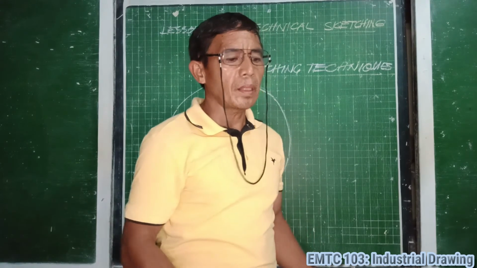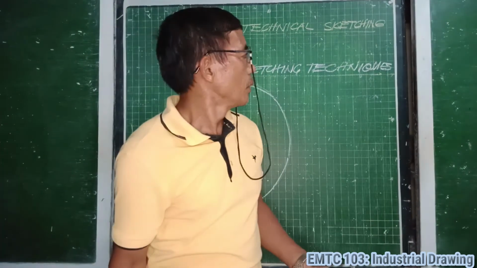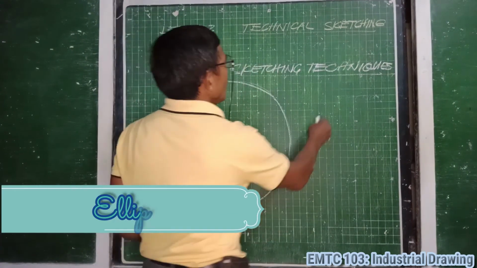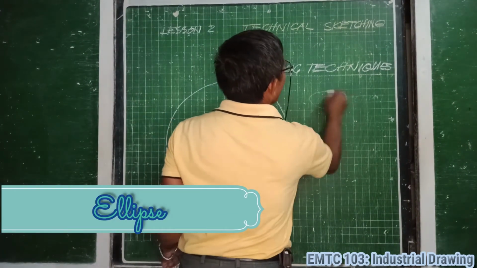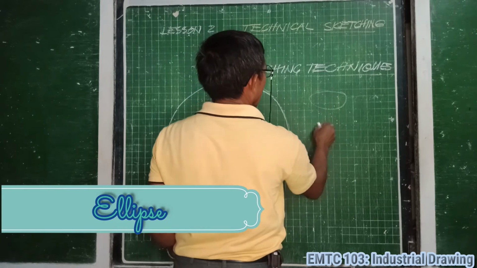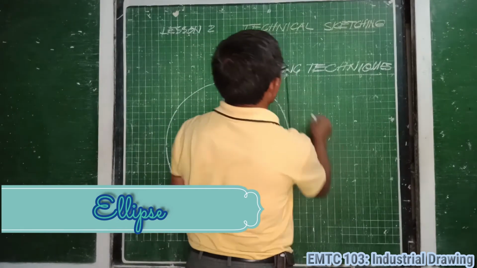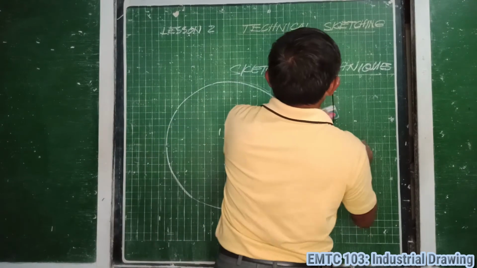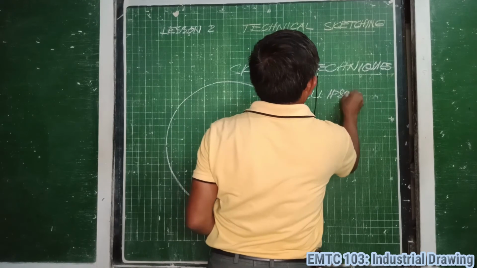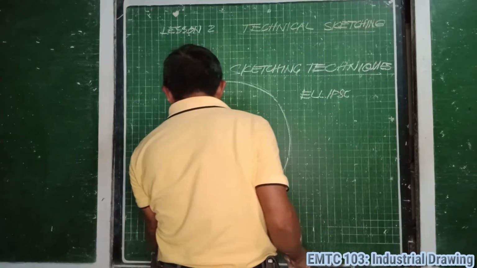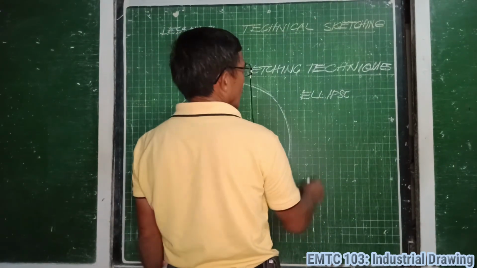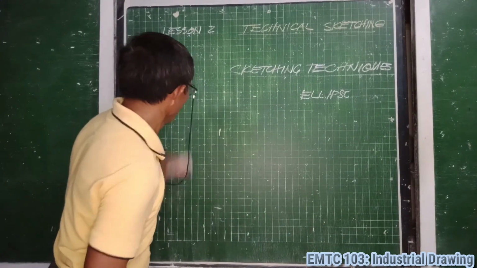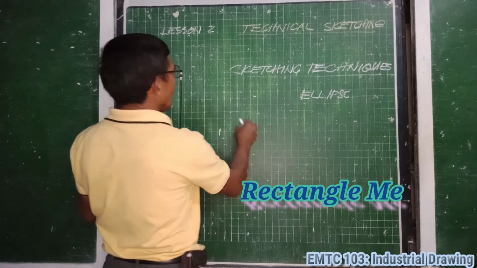Another technique that you are going to learn is the ellipse, or what you call the oblong. Ellipses are constructed or could be sketched by using a rectangle.